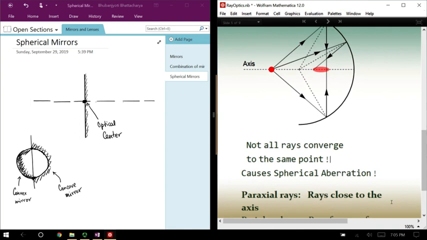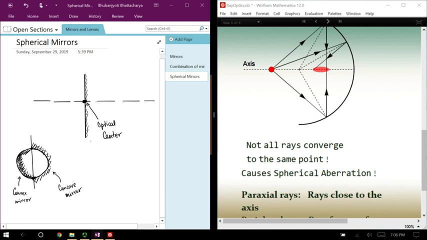And what is the axis? Well, if this is my mirror, I've drawn it with a flat surface, but it's not a flat mirror. The reason I've drawn it flat is that I'm mostly interested in paraxial rays, so I'm really close to the axis of the mirror, and there the mirror kind of looks flat to me, although it's not really flat.